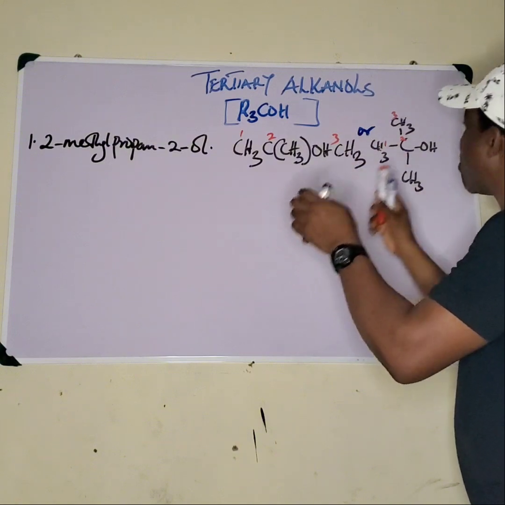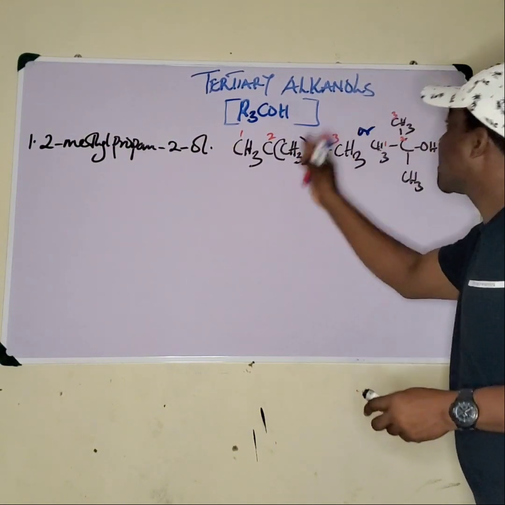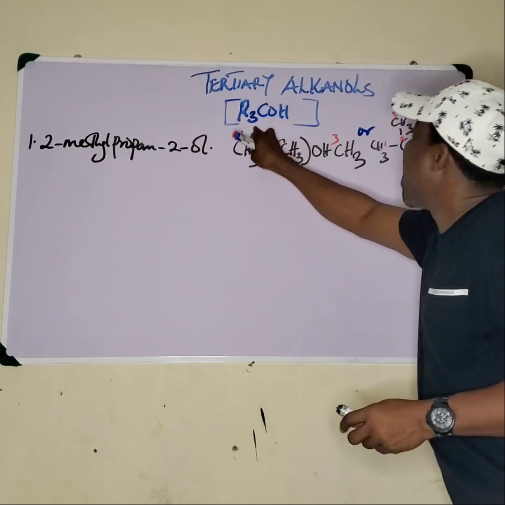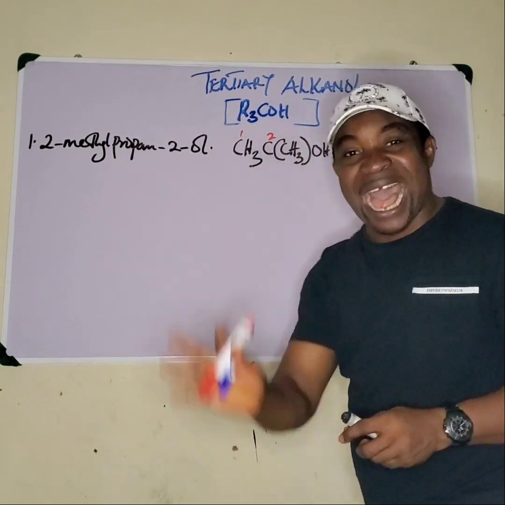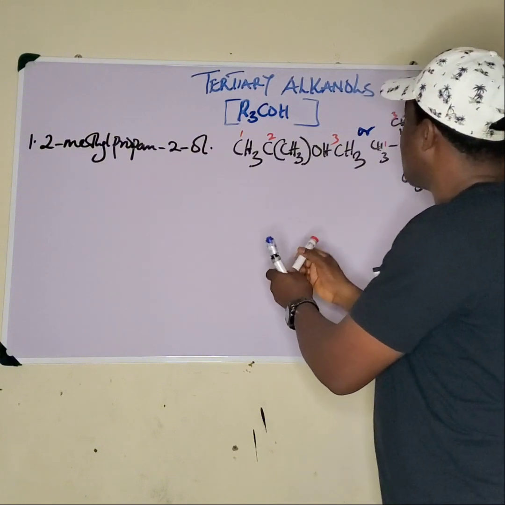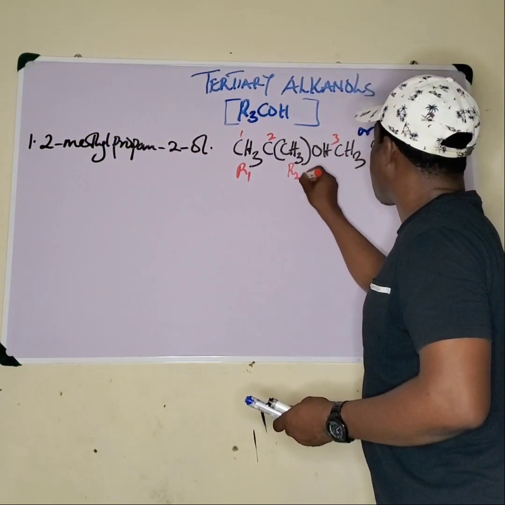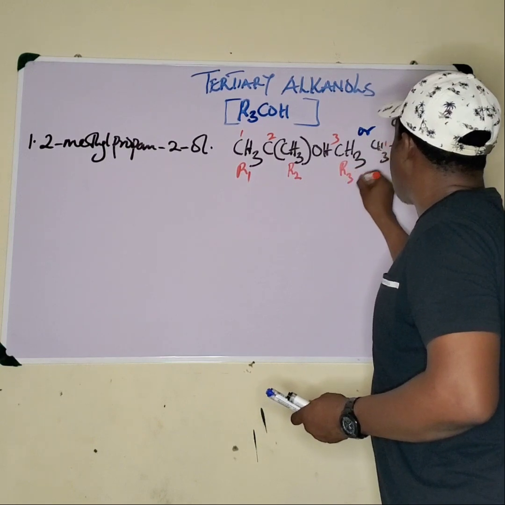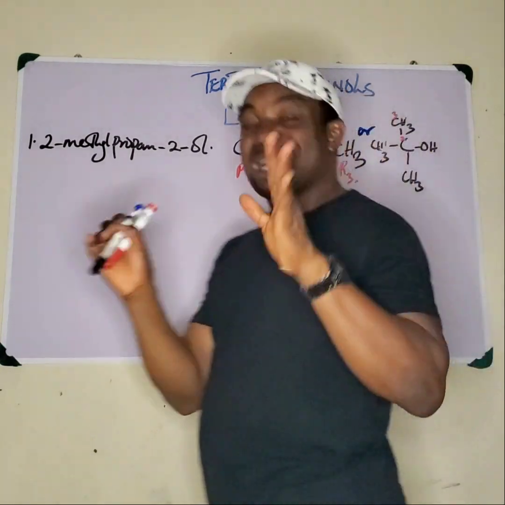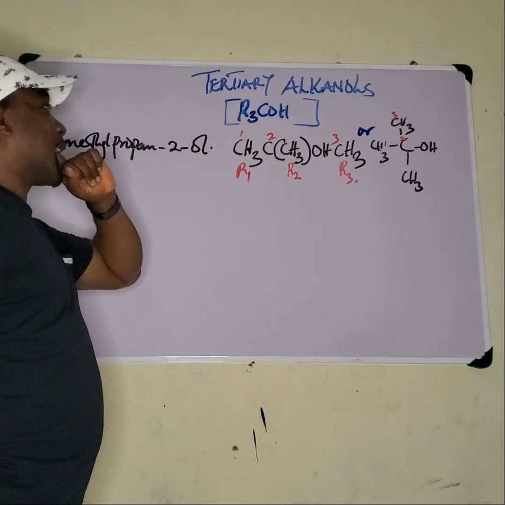So the most important thing we are going to take home today is that tertiary alkanols have 3 alkyl groups. Look at what happens here. We have the first R1, the second R2, and R3. So tertiary alkanols have 3 alkyl groups.